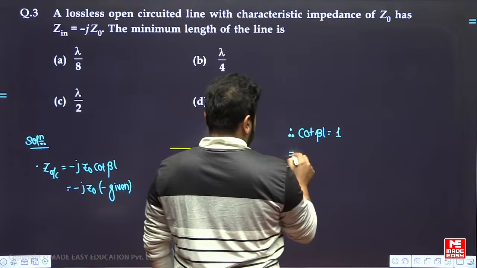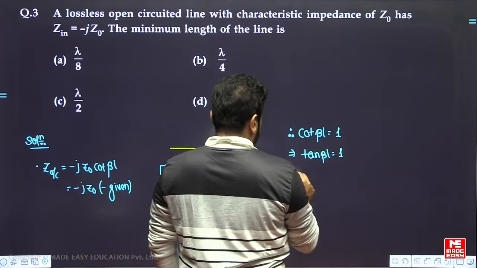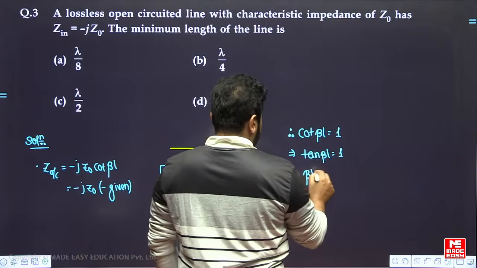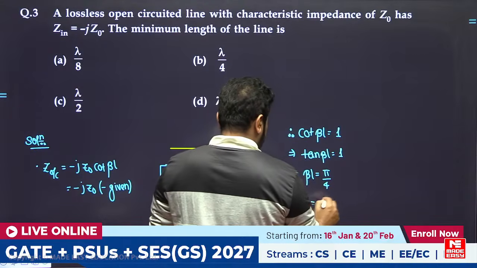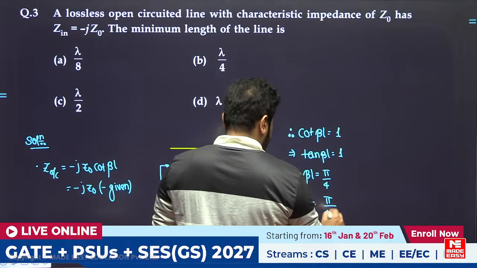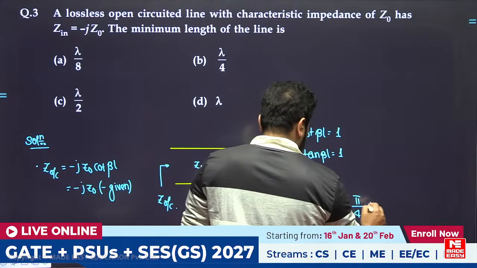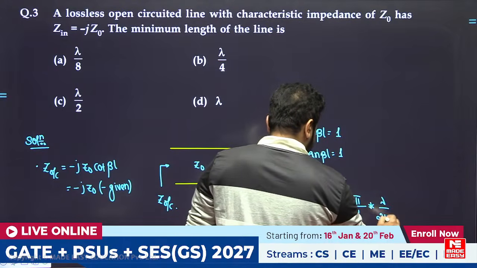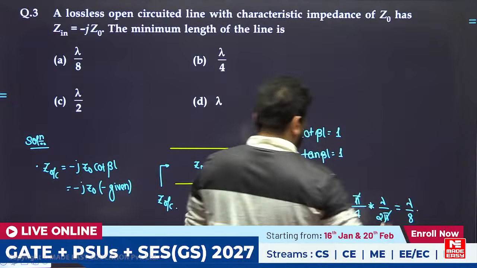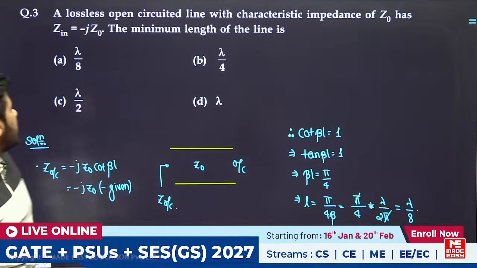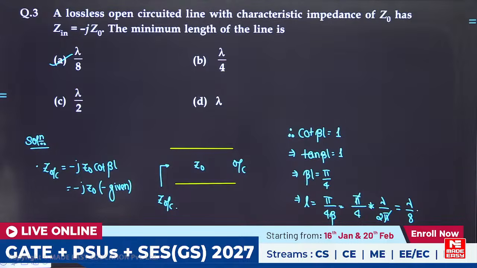If cot beta L is equal to 1, then tan beta L is also equal to 1. It means that beta L is equal to pi by 4, so the length is pi by 4 beta. Beta is 2 pi upon lambda, so pi is gone. The answer is lambda by 8. So the answer should be option A. Question number 3, answer is A.